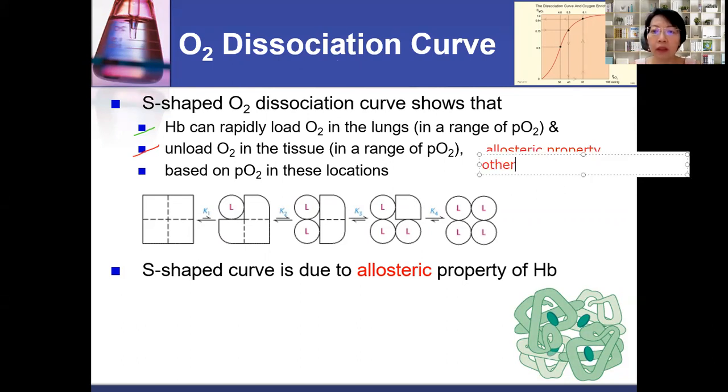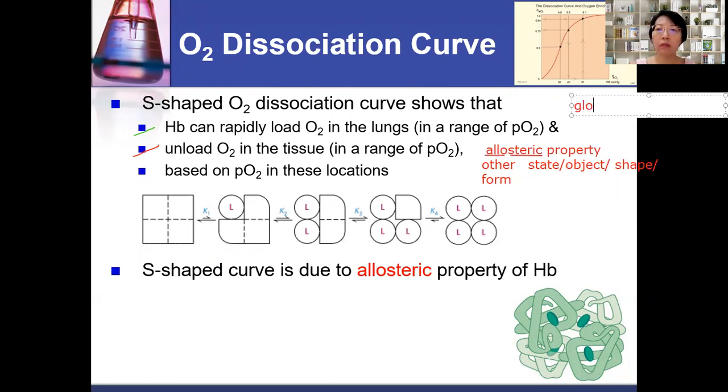Allo means other. Steric means state. State means other object. Object means other shape or form. So usually globular proteins with binding sites will have this kind of property.